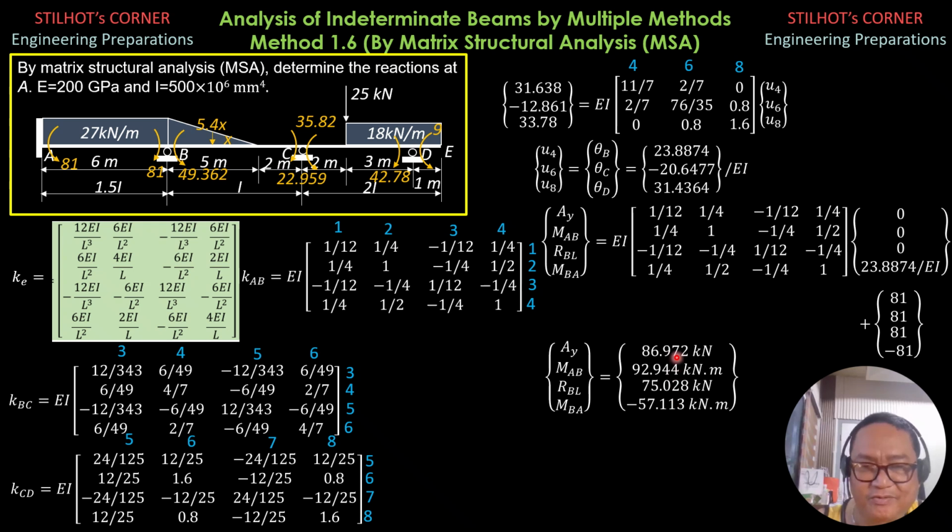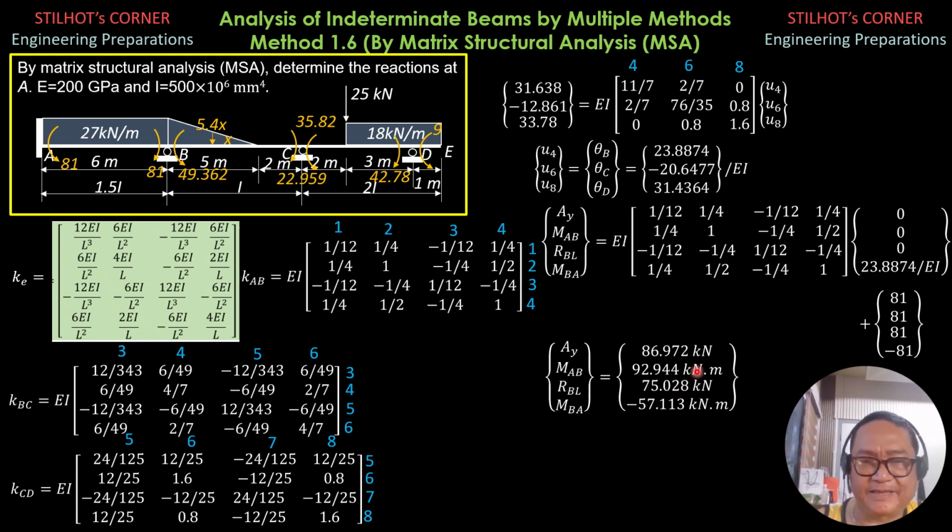So the final answers would be AX 0, of course, AY 86.972 kilonewtons, and MAB, this is positive, so clockwise. Remember, smiley face: the moment at the left should be clockwise, but this is counterclockwise.